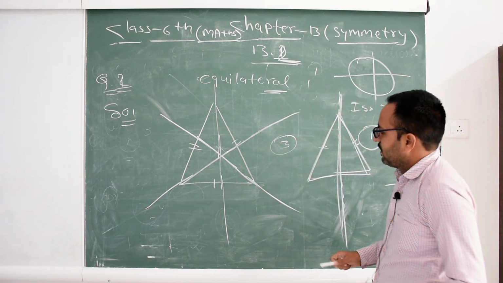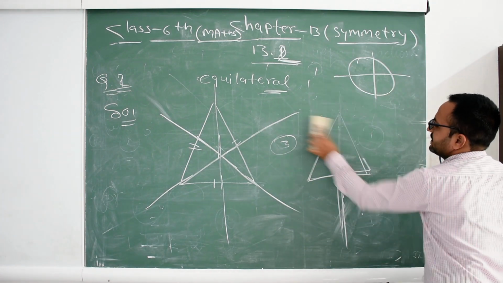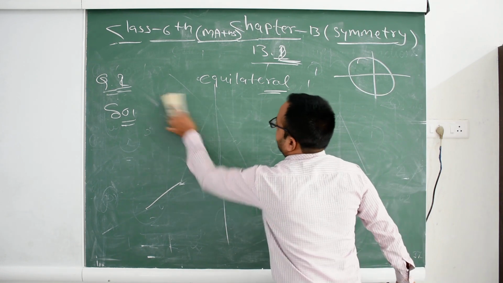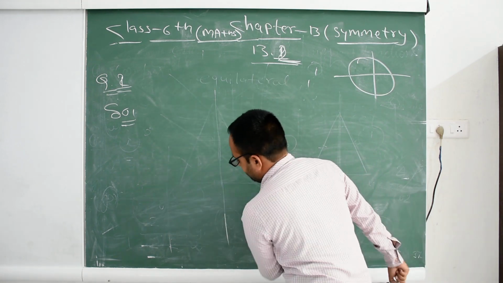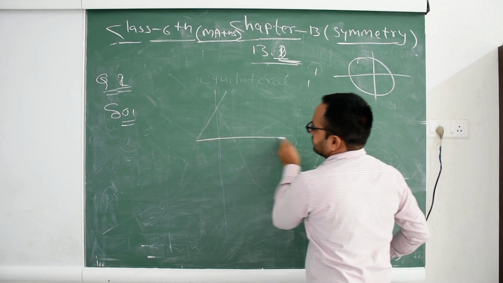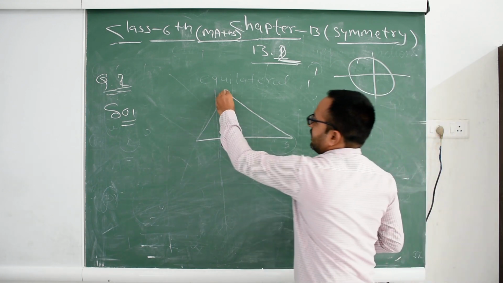Now if we draw a scalene triangle, in a scalene triangle we already know all three sides are unequal. That means all three sides are unequal.